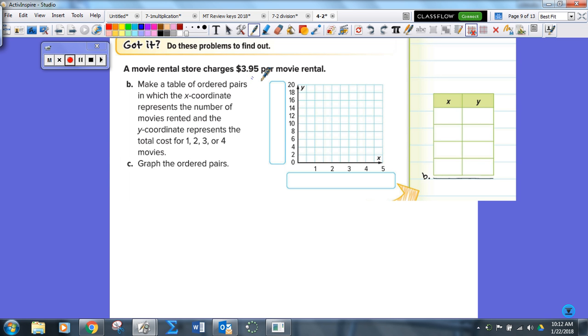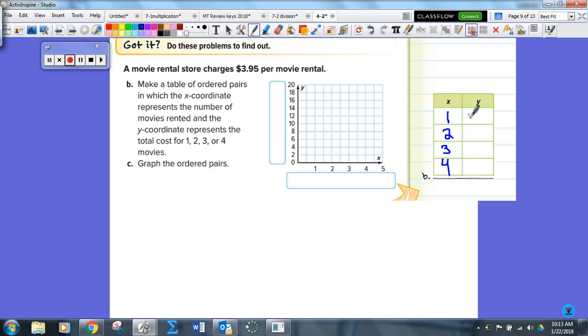A movie store charges $3.95 per movie. Make a table of ordered pairs, represent the number of movies rented, and complete the graph. Please pause while you do this. So hopefully you've come back. So my X values are 1, 2, 3, 4. It's $3.95 per movie.